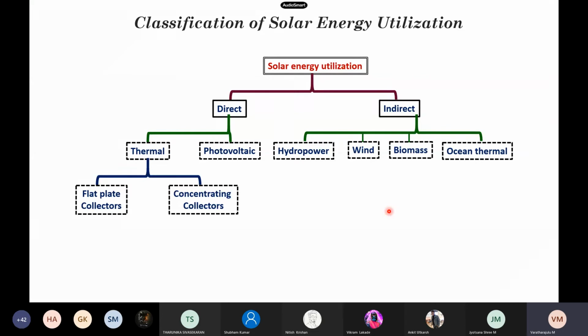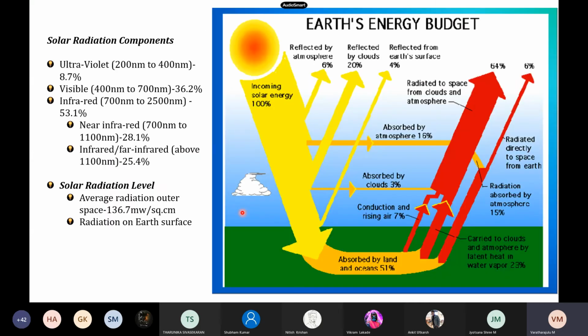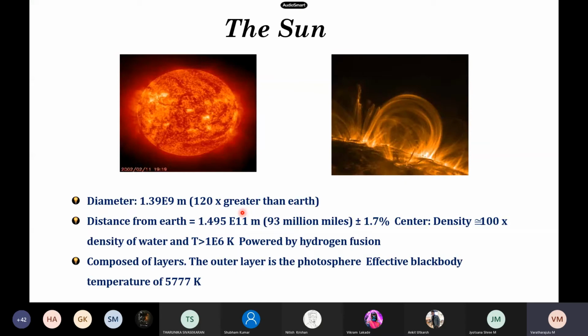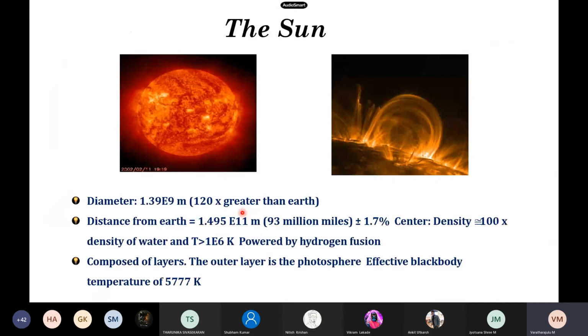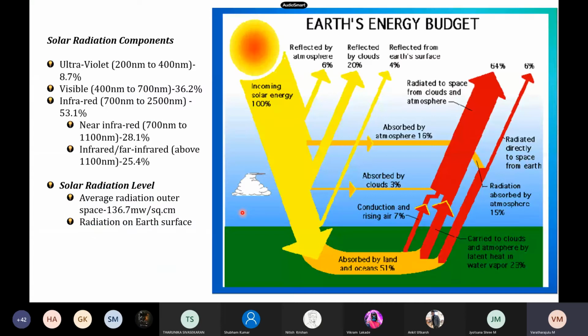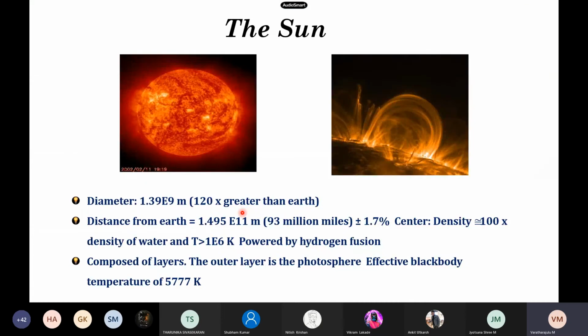This is the brief introduction to the classification of energy, and we'll move on to solar in detail. The sun gives enormous energy, which might be 3.7 into 10 power 20 megawatt. Before that, some basic information about the sun. The diameter of the sun is 1.39 into 10 power 9 meters, which is 120 times greater than the earth, and the distance from the earth is 93 million miles.